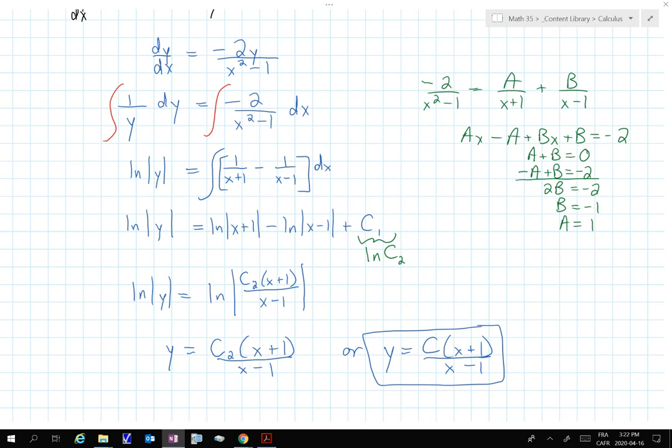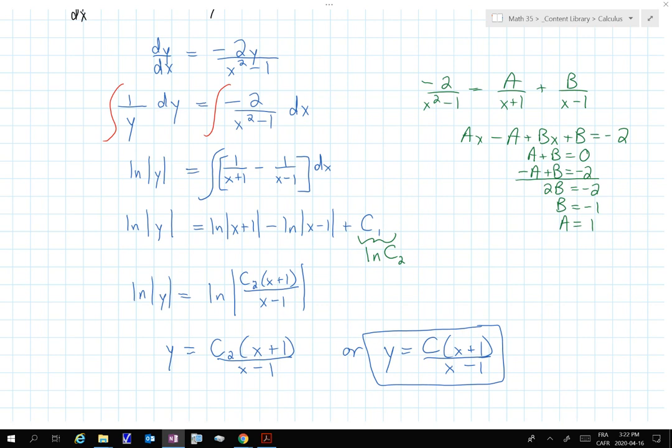Ultimately, what would matter is matching up, for whatever application I'm dealing with, the relationship between this function, y equals some constant times x plus 1 over x minus 1, and the slope function, dy dx equals negative 2y over x squared minus 1, and making sure that those are lining up.